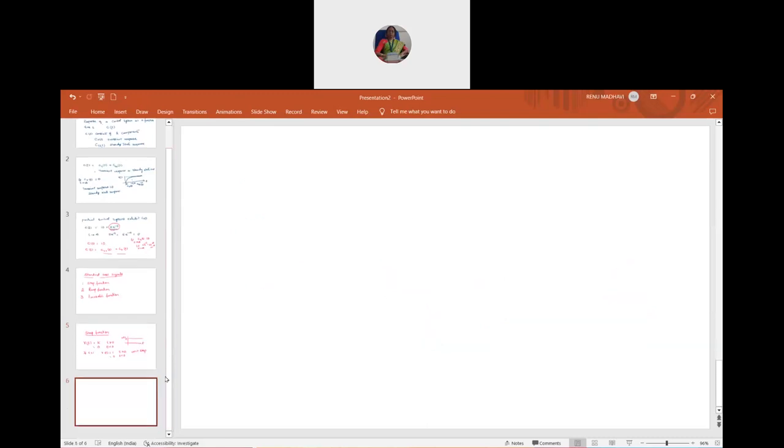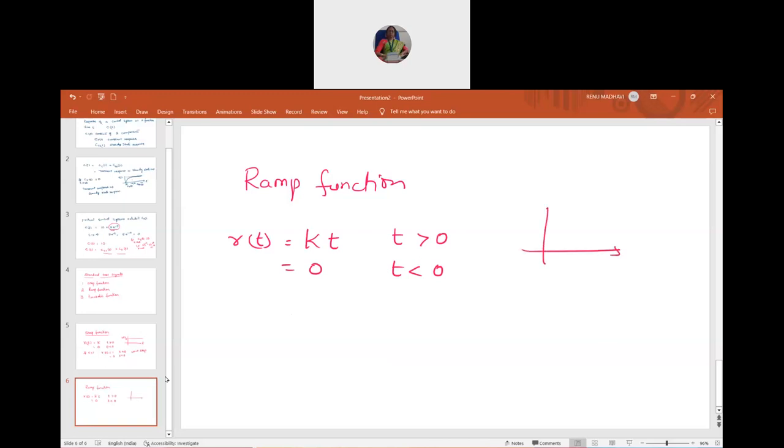Now coming to the other input, which is the ramp function. If you look at the ramp function, r of t is given as kt for t greater than 0, which is equal to 0 for t less than 0. So you have r of t and you have t, which has a linear slope.